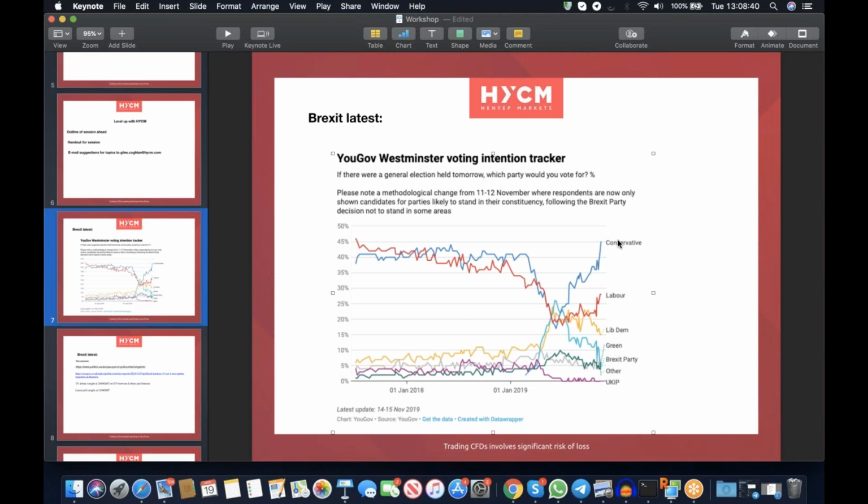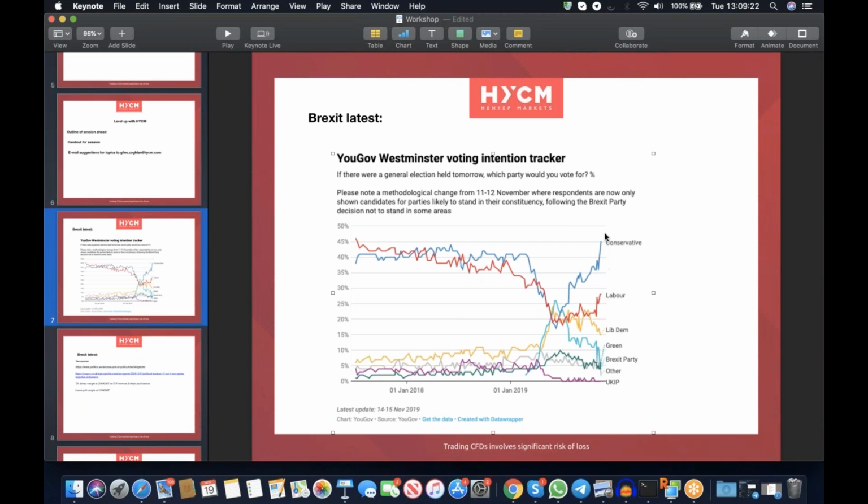Now, the key thing in trading election polls for the UK is this: if that Conservative lead falls, say for example a new poll comes out, the next YouGov poll comes out tonight at 9 o'clock GMT, and say the Conservative government, who had a lead over Labour of about 27-28%, dropped 5% and went down to 40%, and then the Labour government went up to 33%.